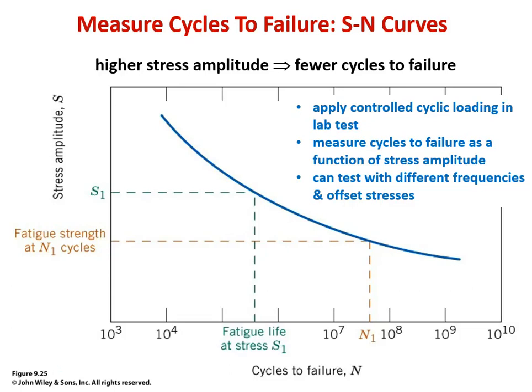Out over at 10 to the ninth, that's the high cycle fatigue. Again, this simulates different conditions of loading, any of which could be encountered in the field. Each point on that curve required a full test to failure to produce, so quite a few test samples had to be machined and tested to make any one curve.